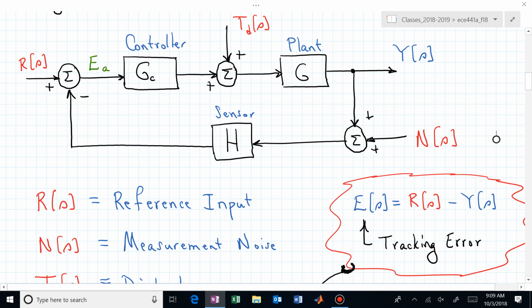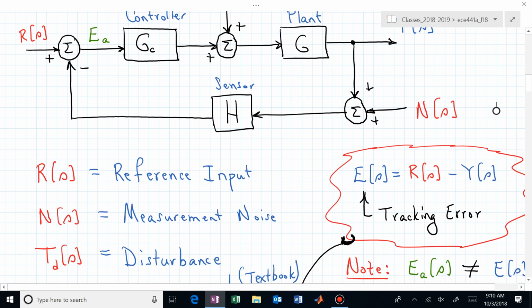But typically we're just handed, or we have to work with what we're given. The G might be fixed, the plant might be fixed, and now what do we have? We have the controller to manipulate. We can now adjust G sub C.